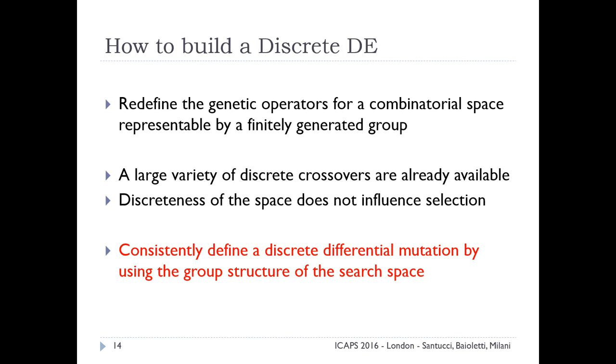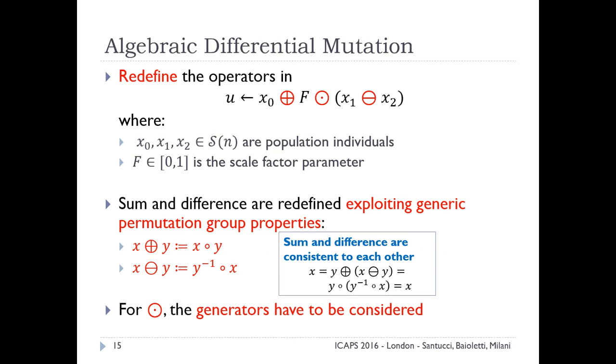Okay, for crossover, there is no problem. There are a large variety of crossovers for permutation representations. Also for the selection, that's no problem. What we do here is to consistently define a discrete differential mutation. We can devise a discrete differential mutation by redefining the three operators, plus, times, and minus.